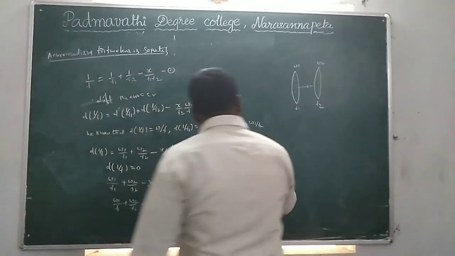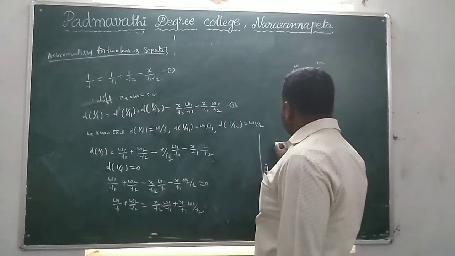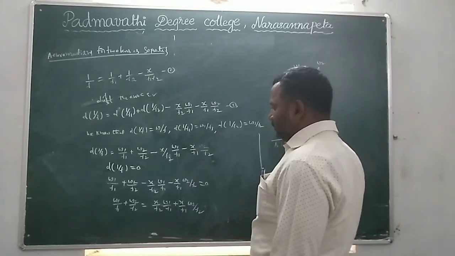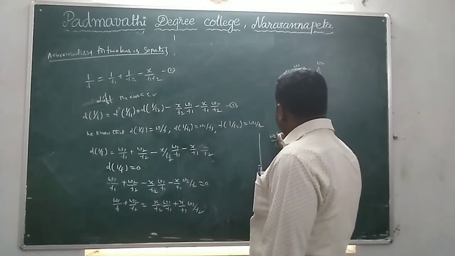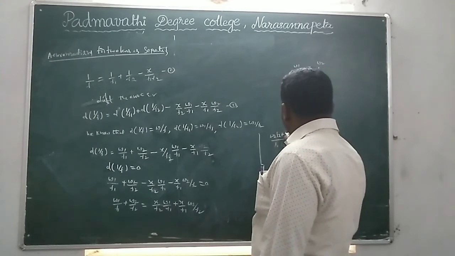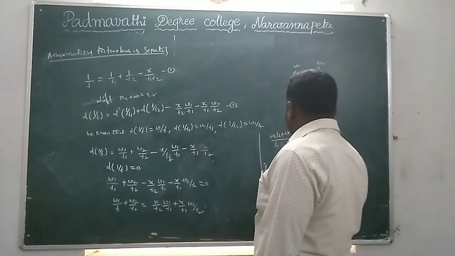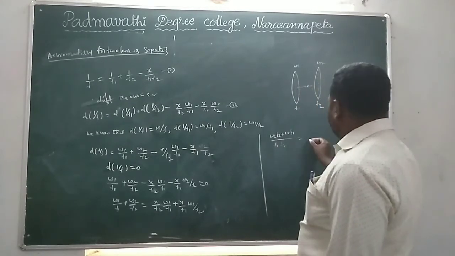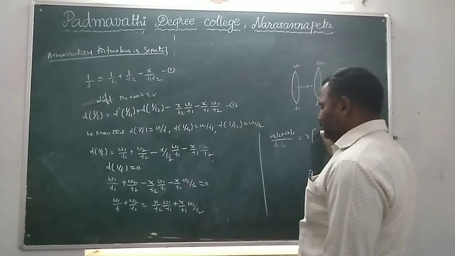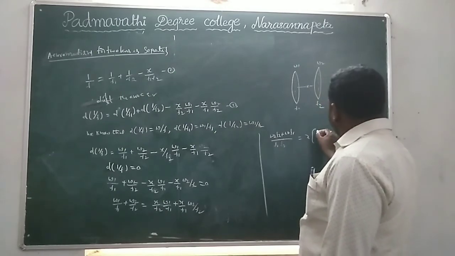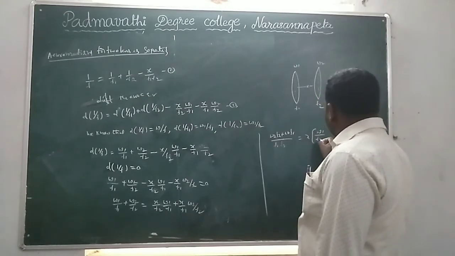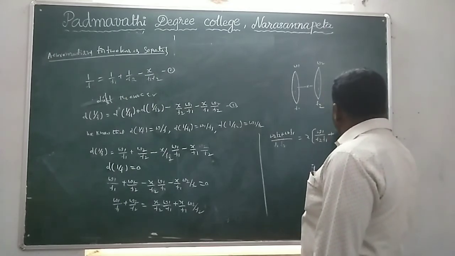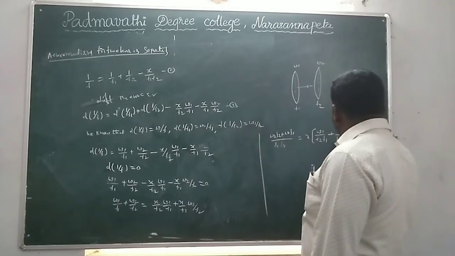Here the LCM is f1 and f2, so omega 2 f2 plus omega 1 f1 is equal to, here x is the common term, therefore omega 1 by f2 f1 plus omega 2 by f1 f2.